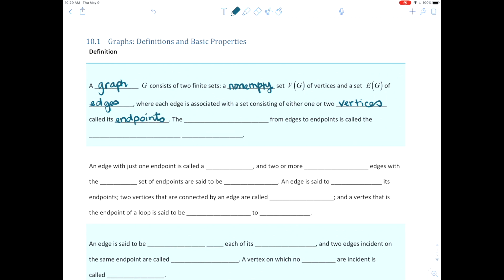The correspondence from edges to endpoints is called the edge endpoint function.